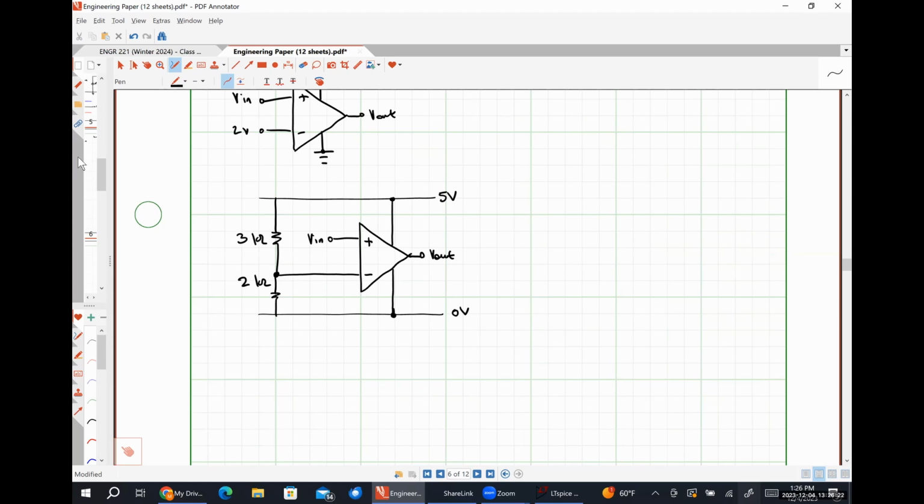But what does V in look like? Which part? All right, so this is for an inverting comparator. So whenever your input is less than your reference, your output goes up.